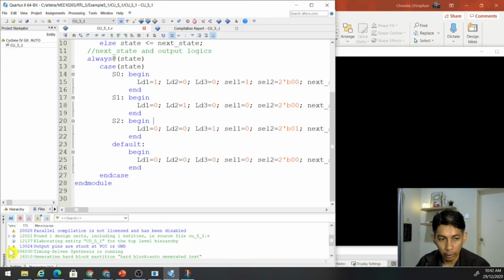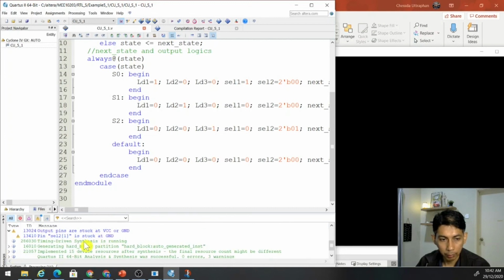We can see that here SEL2 bit number 1 is stuck at GND, ground, which means that it's always 0. Is that correct? Do we want this? Because when the software sees something stuck at 0 or never changing, it will give us a warning. So whether we want that is part of our design depends on us.